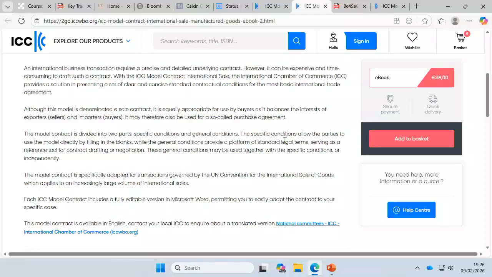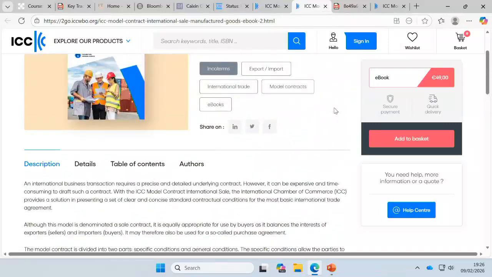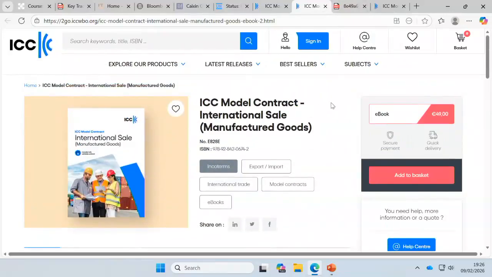So, I think this provides a nice example of how these processes work.